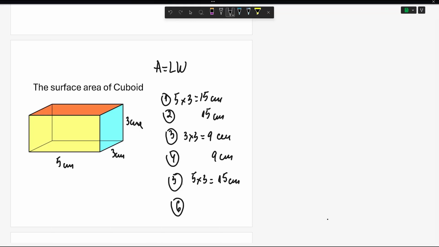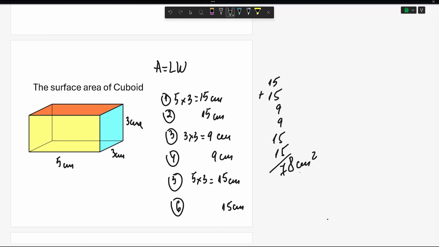So how are you going to find the total? You just plus it. So you have 15, 15, 9, 9, 15, 15, and it's 78 centimeter square. So we found our surface area in our cuboid.